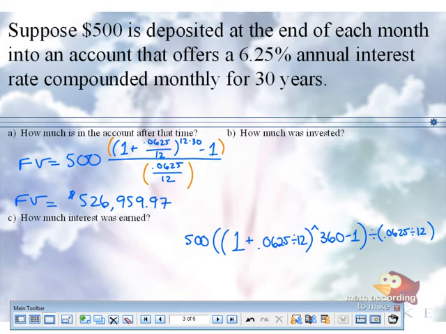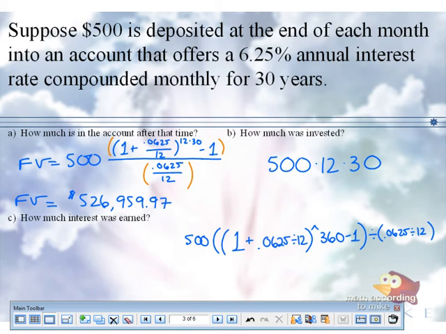Part B, how much was invested? Well, how much did we put away each month? $500. So we did $500 a month for 30 years. Notice, part B is not I equals PRT.